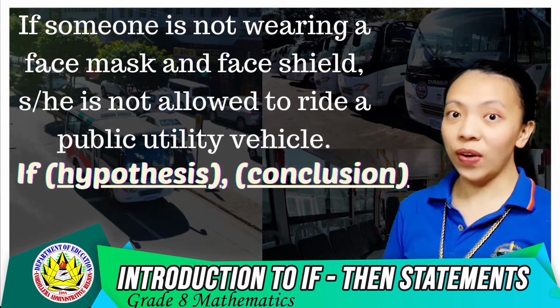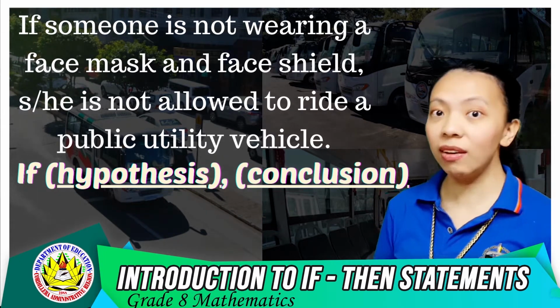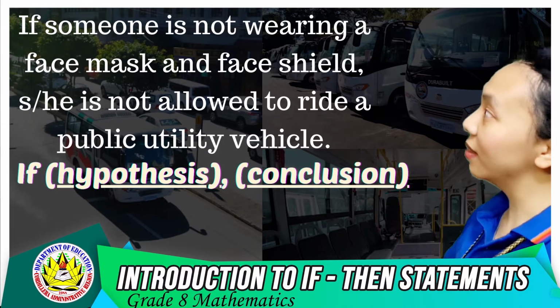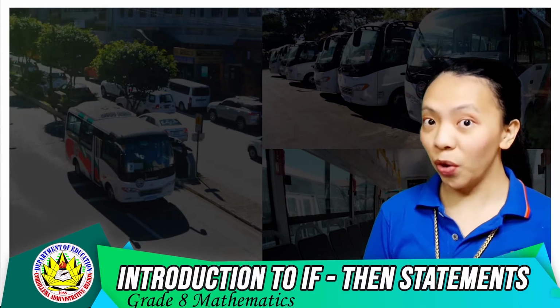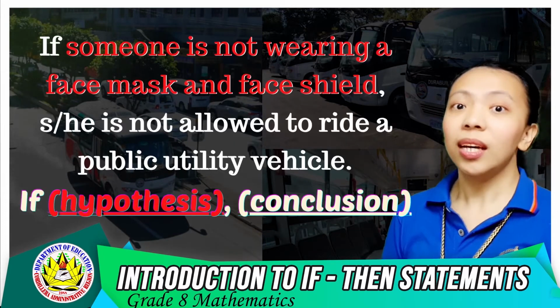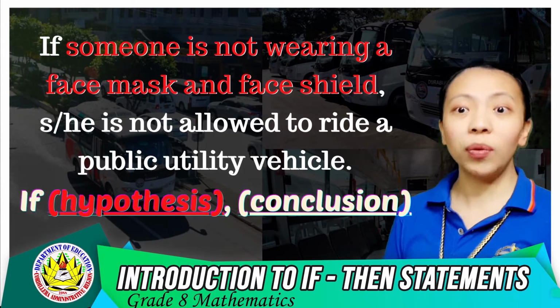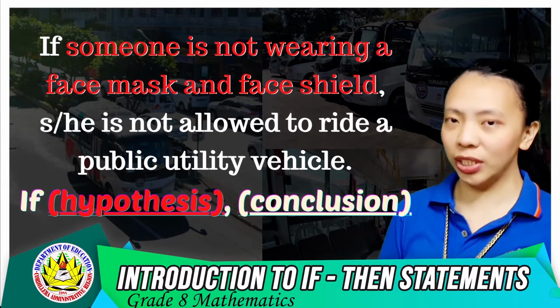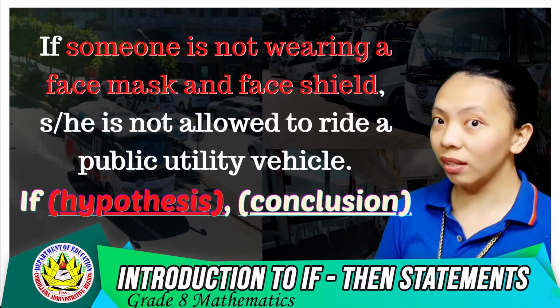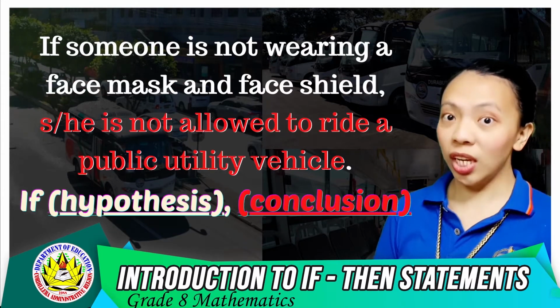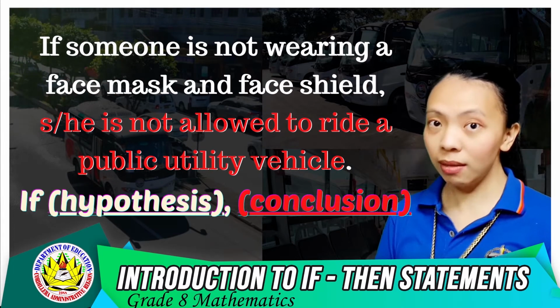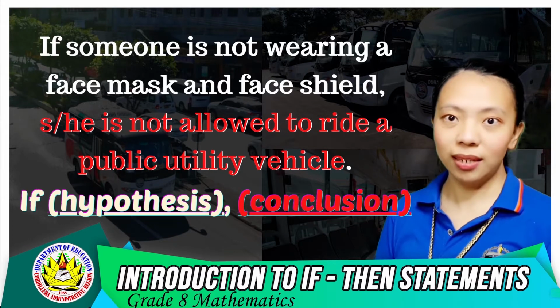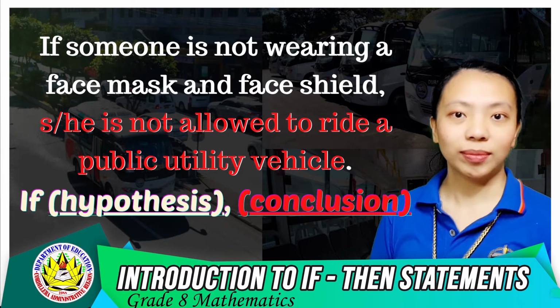Let's identify the hypothesis and the conclusion of the given conditional. Its hypothesis is someone is not wearing a face mask and face shield. Its conclusion is she or he will not be allowed to enter a jeepney, a taxi, or a bus.